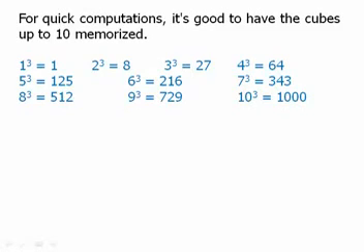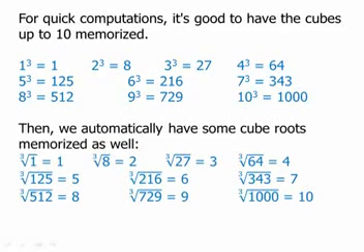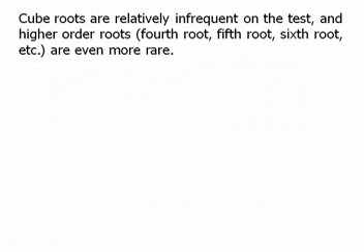It would also be 2 to the 3rd squared, or 8 squared. And of course 8 squared is 64 also. So there are some patterns here that we can observe practicing our laws of exponents. So if we have these cubes memorized, automatically we have a bunch of cube roots memorized. And so that can be very convenient.